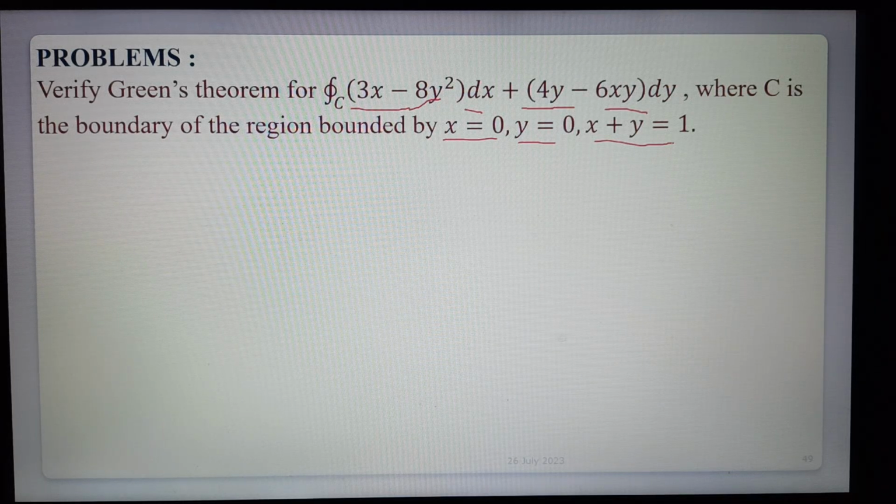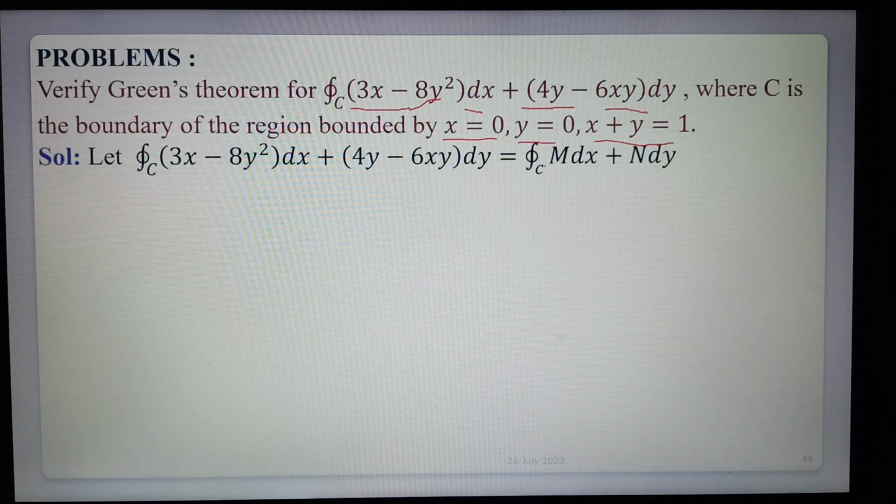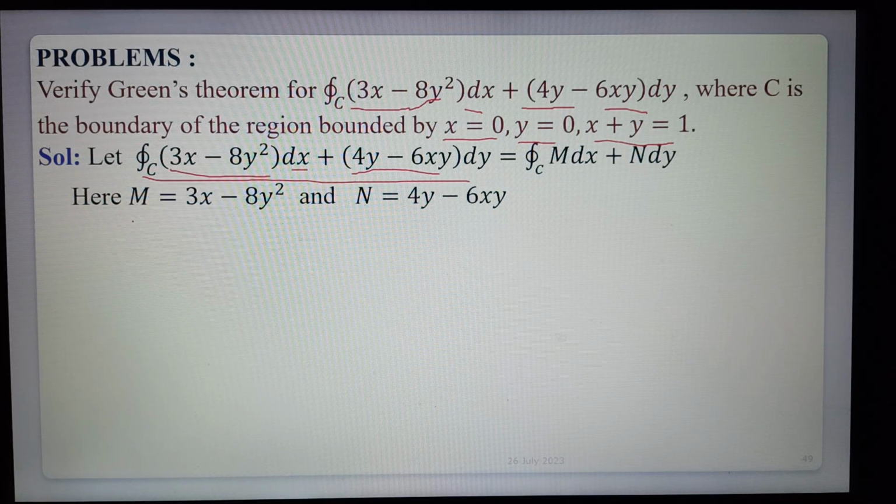Now see the verification. The given integration is of the form integration over C of M dx plus N dy, so compare both sides: M is equal to 3x minus 8y square and N is equal to 4y minus 6xy.